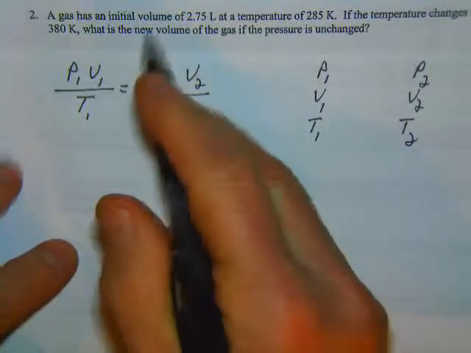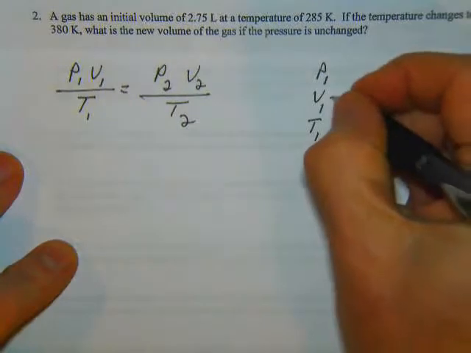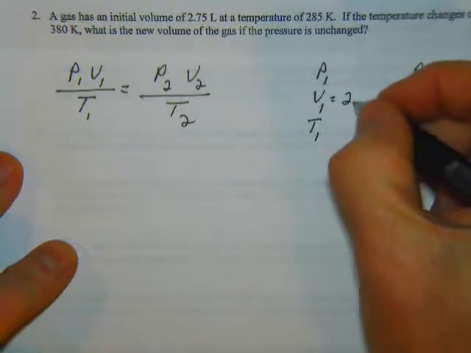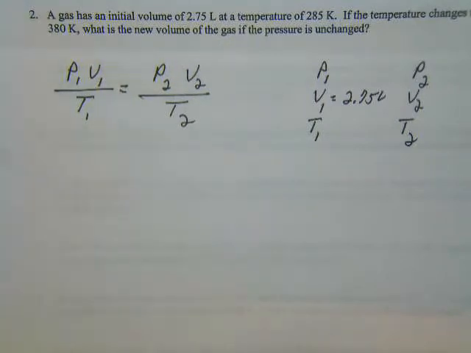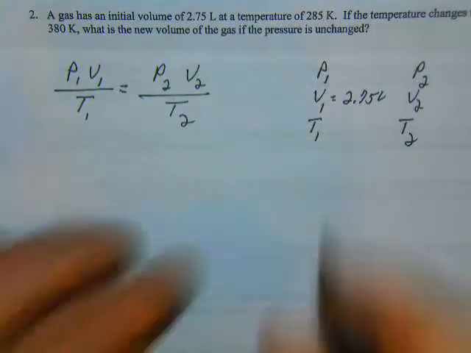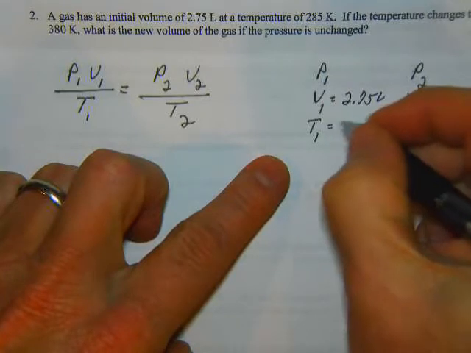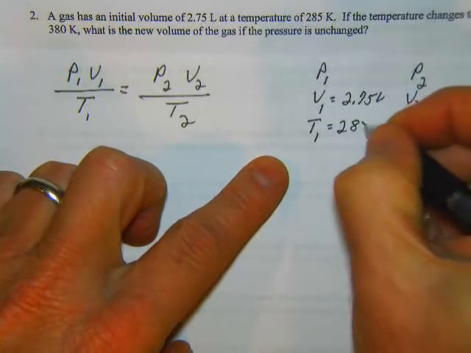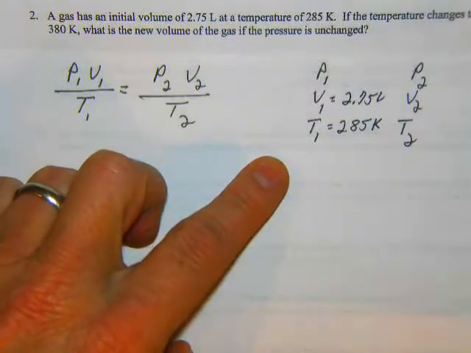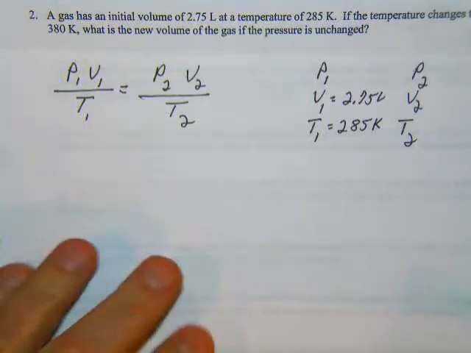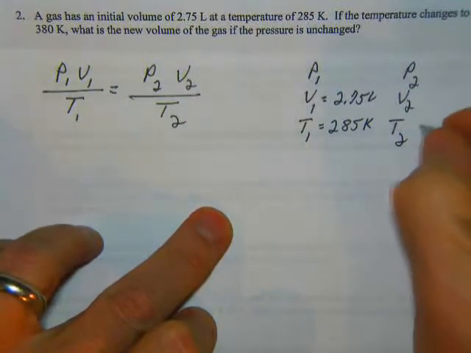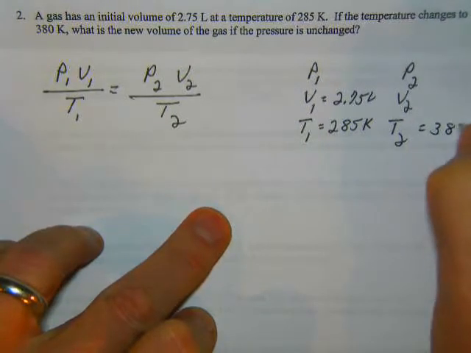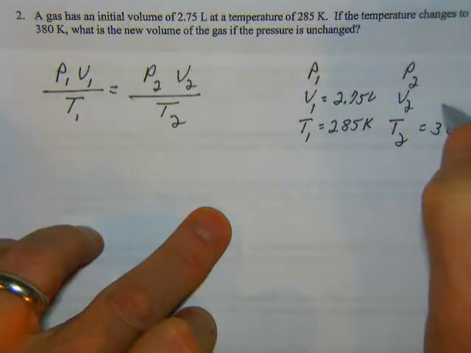Alright, so we have an initial volume of 2.75 liters and a temperature of 285 K. Now remember, your temperature always needs to be in Kelvin for all the gas laws. The temperature changes to 380 K, and we don't know the new volume.